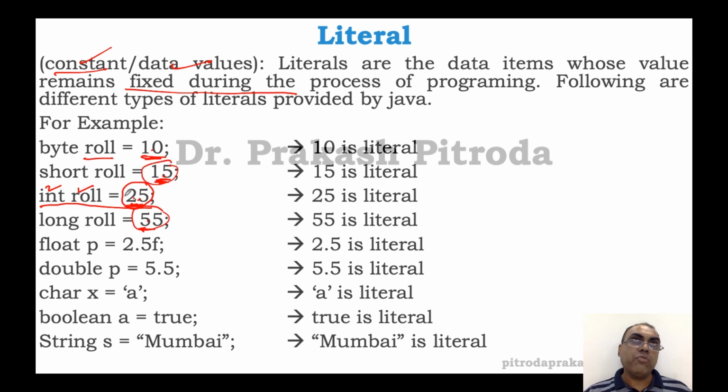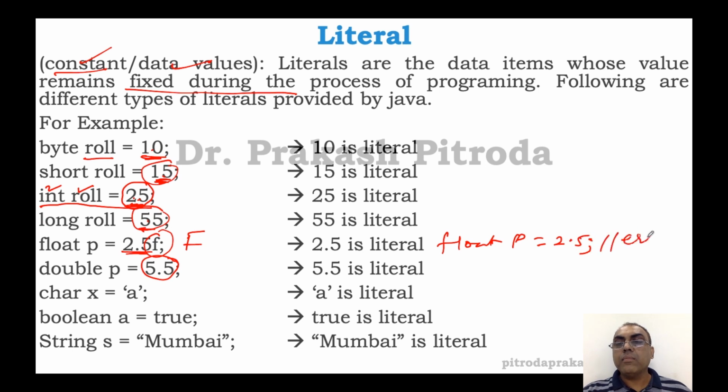I'm sure you must have gone through the data range for each and every data type. Very important: when you are declaring a float, the literal should end with F. F is compulsory, capital or small. If you do not write the literal with F, it is by default considered a double value and you will get an error message. So if I write float P is equal to 2.5, then I will get an error.